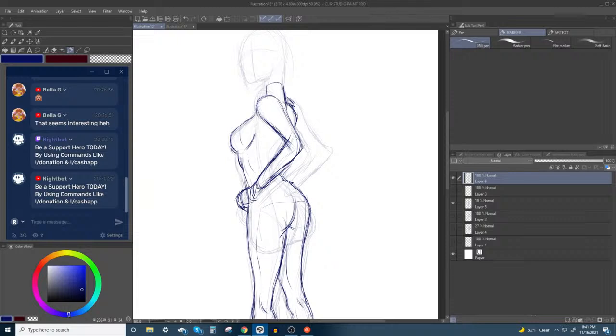Okay. I think this looks fine, but I don't think it looks perfect though. I still think the torso is kind of weird. I think it still needs work, but it is what it is. So we have that pretty much where it's supposed to be in that sense.